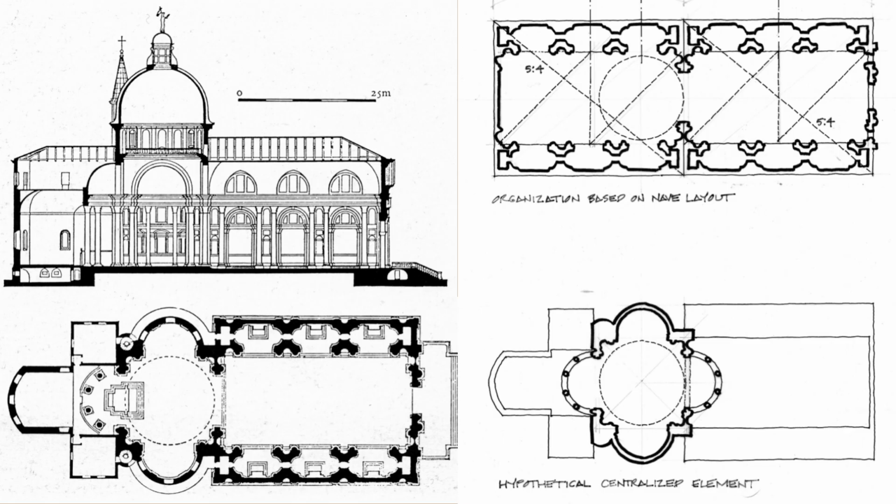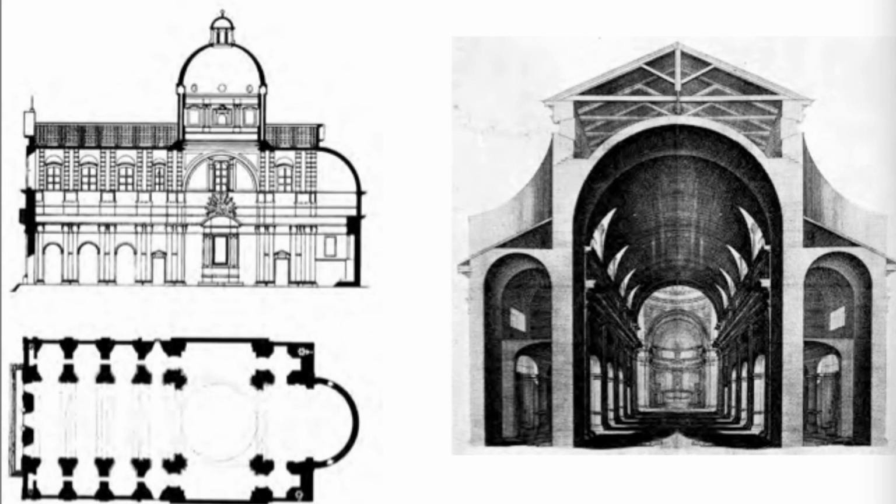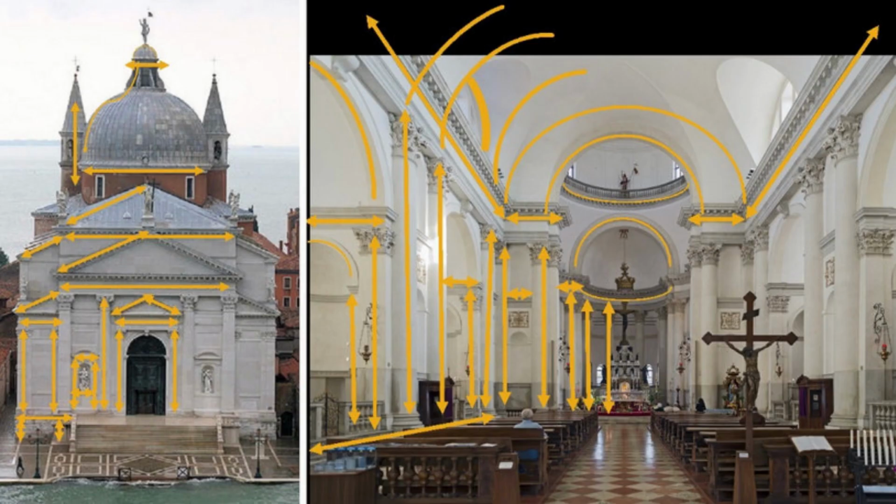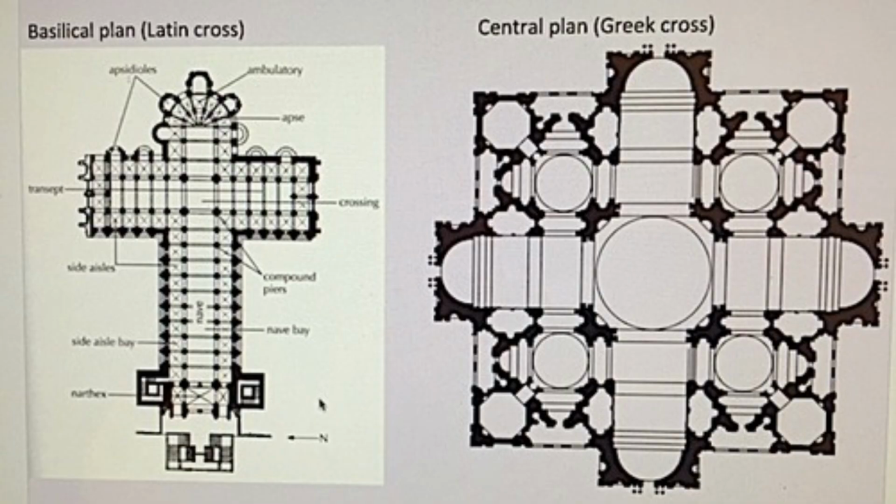The liturgical revival of the Counter-Reformation opposed the centrally planned church, requiring separate functions for different parts of the Latin cross. Palladio already employed a combination of centralized crossing at the end of the nave.